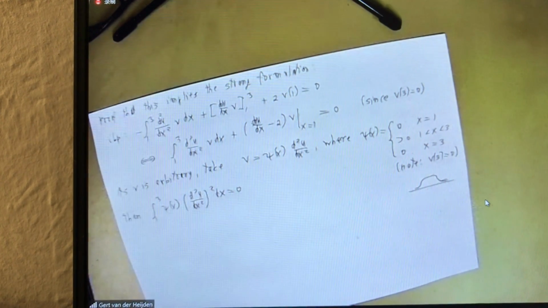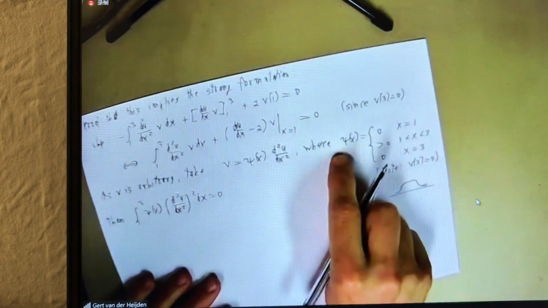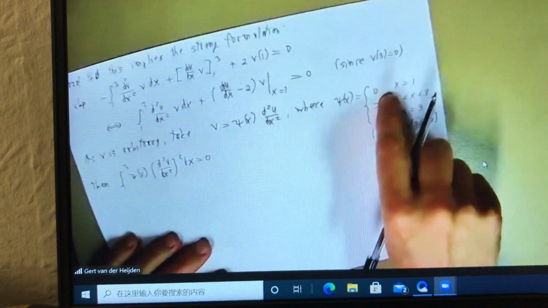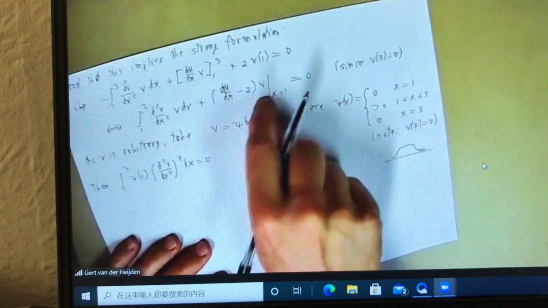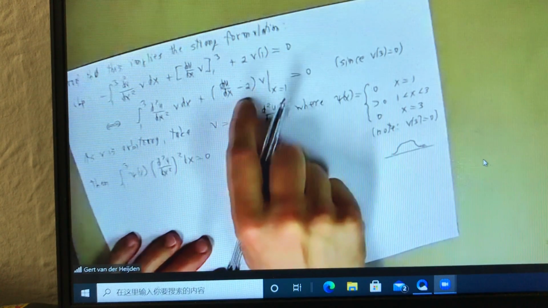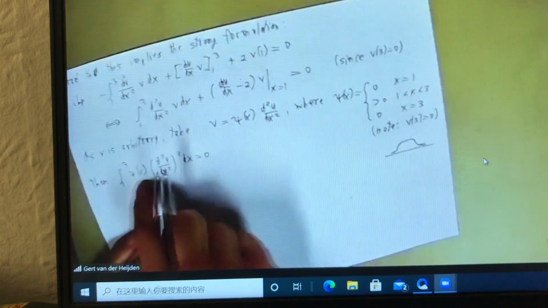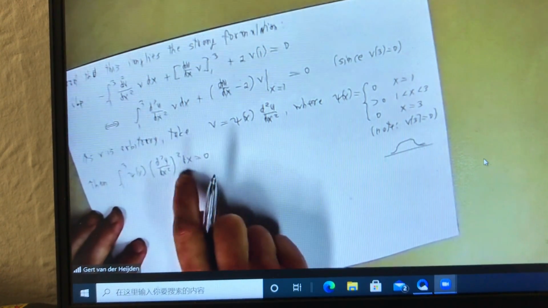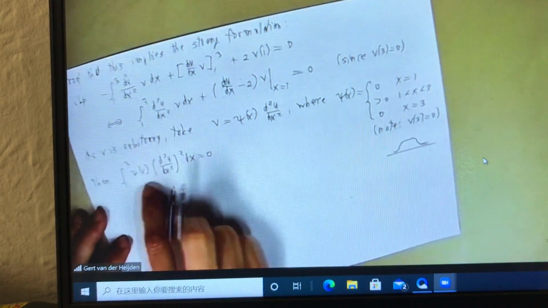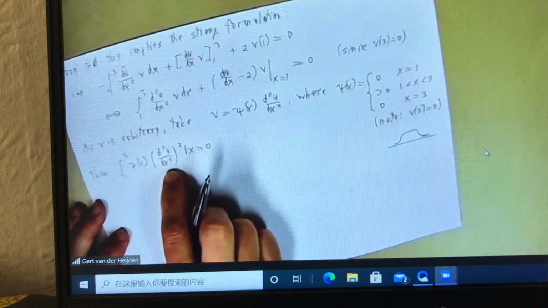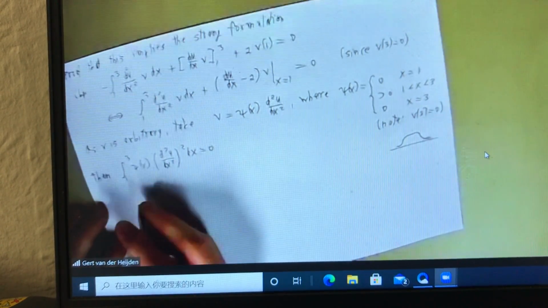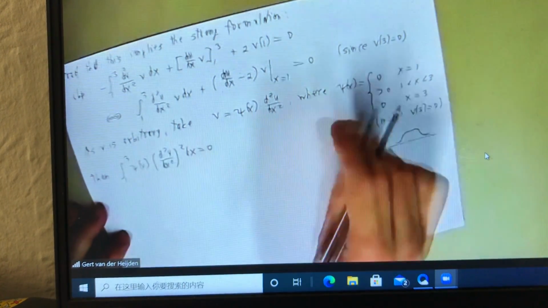And this was the whole purpose of this form. This was intentionally taken to be 0 at x equals 1, so that this term here vanishes. Okay? And we're left with this, and we have a square here, so for this to be 0, the second derivative must be 0. Okay, so that was the whole game here, of course.